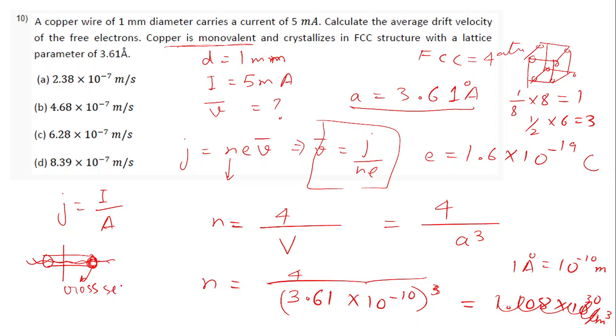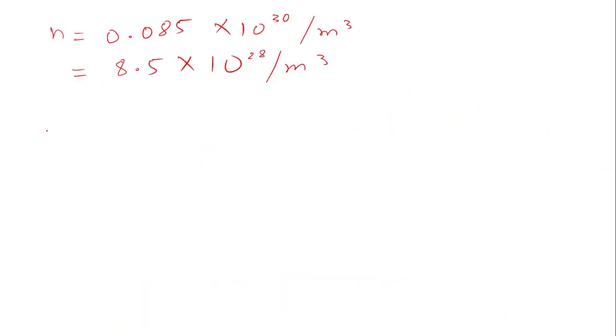This cross section is a circle, so the area will be pi r square, and we know the diameter is 1 mm. That means the radius will be d by 2, that is 1 by 2, which means 0.5 mm.